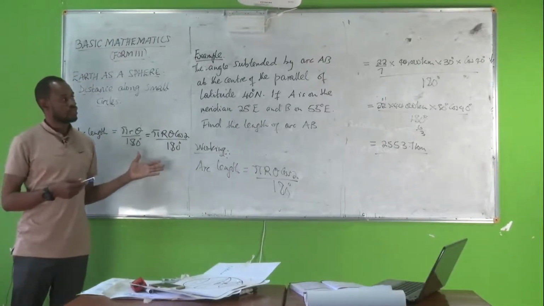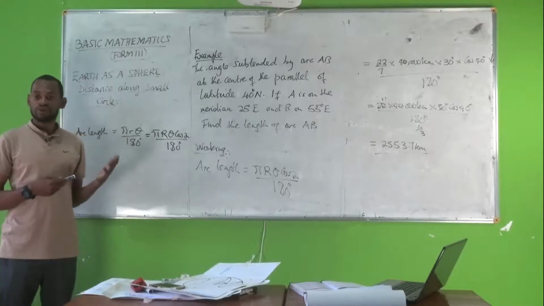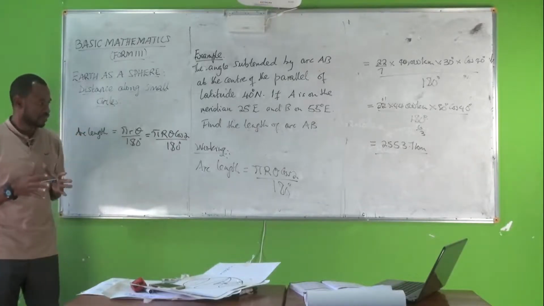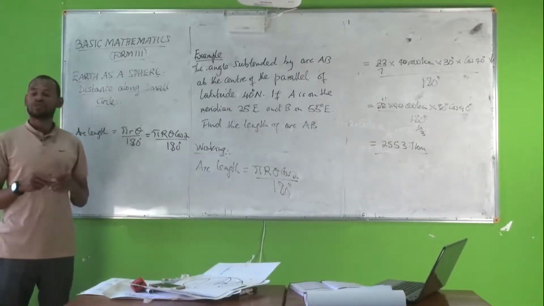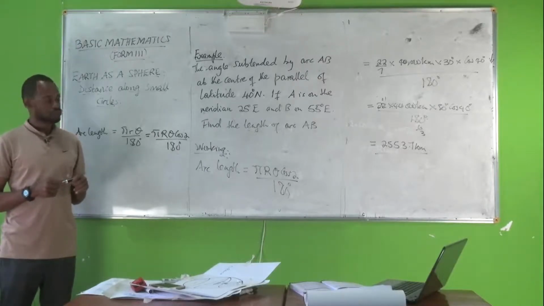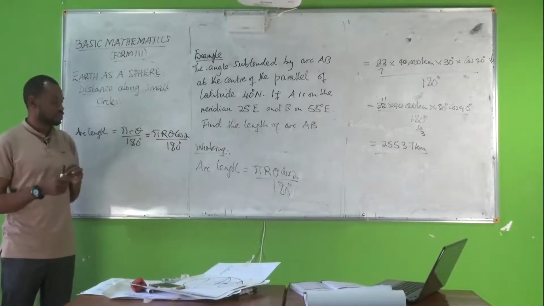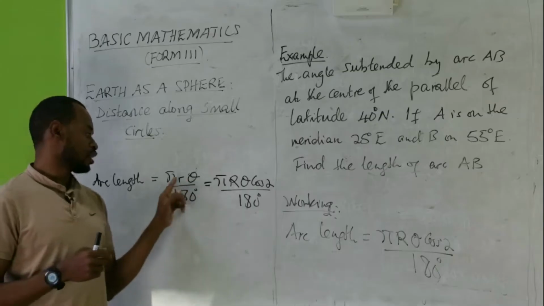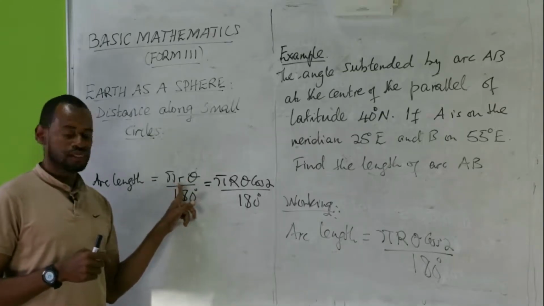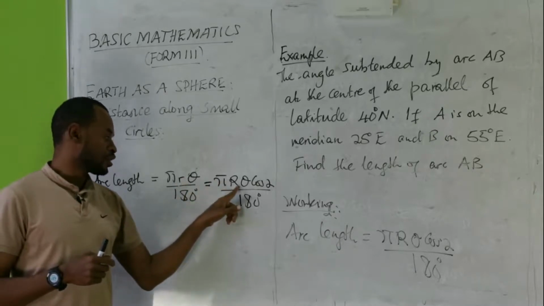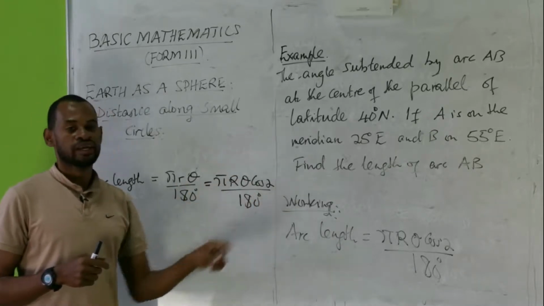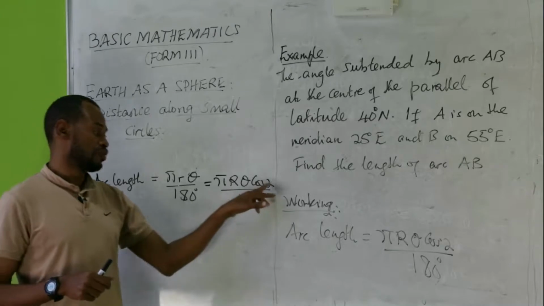For a small circle, the radius is the radius of the small circle, but if it is not given, we can find the relation between the radius of the small circle and the great circle: radius of small circle is equal to radius of great circle times cos of angle alpha.